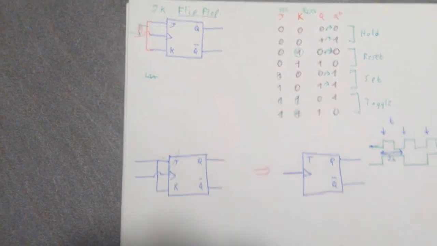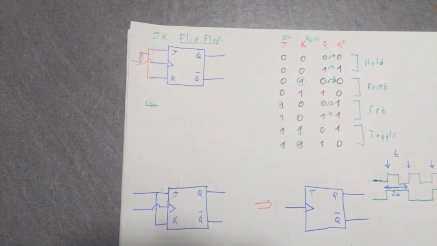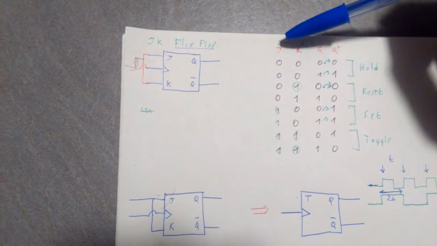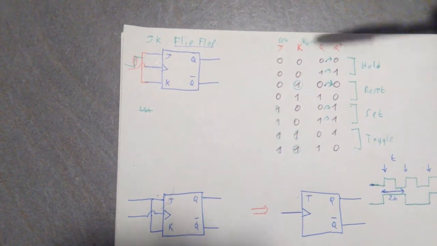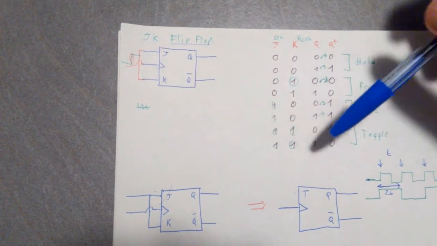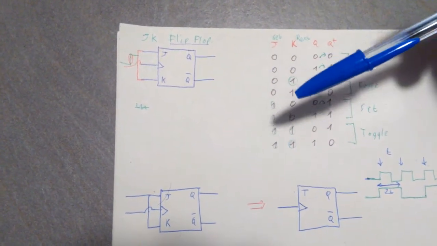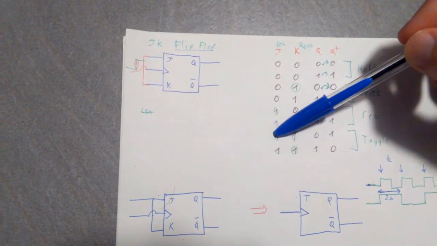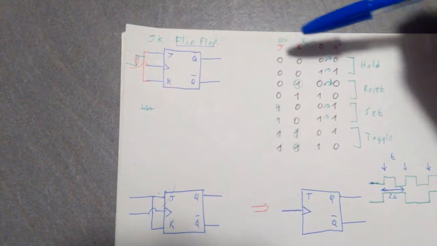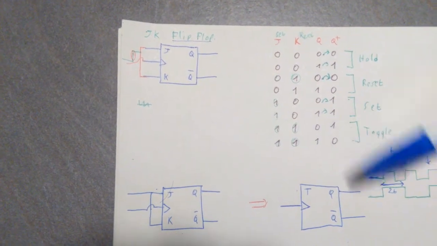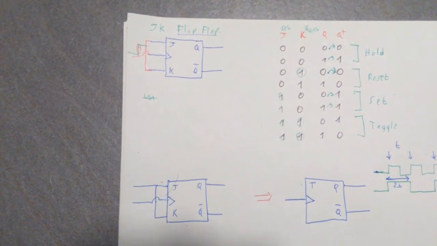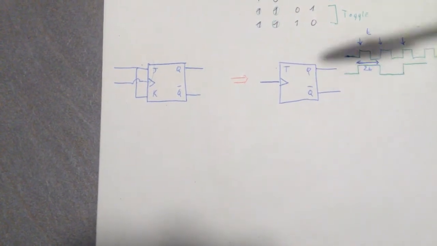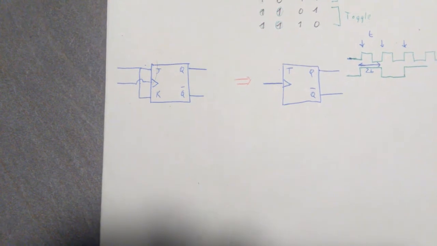So those are the properties of a JK flip-flop. You can think about J as a set and K as a reset. The special property that it has, compared to what we have seen before, is that if you set both J and K, set and reset, to 1, then the output is going to toggle. And if we connect those two together, we get a toggle flip-flop.